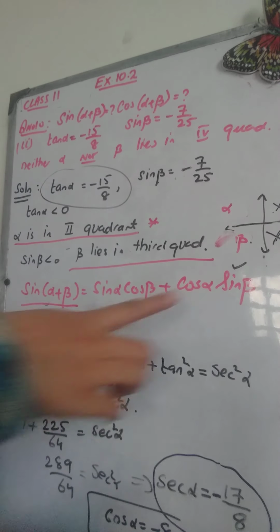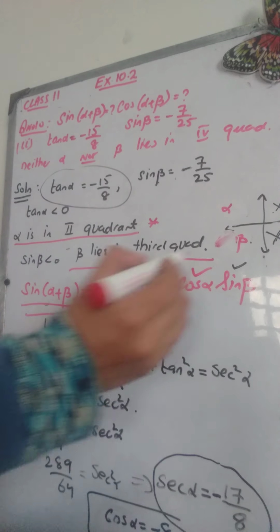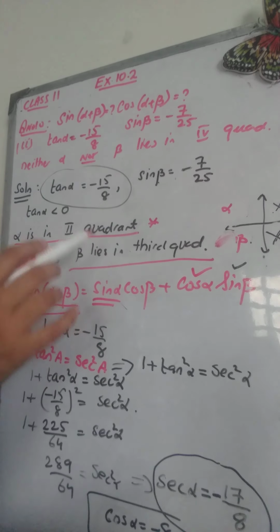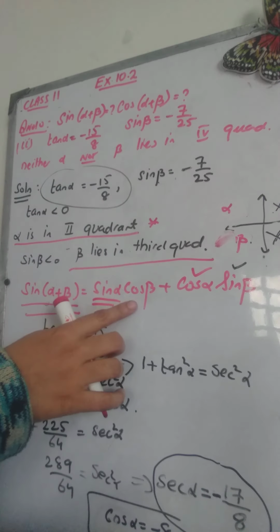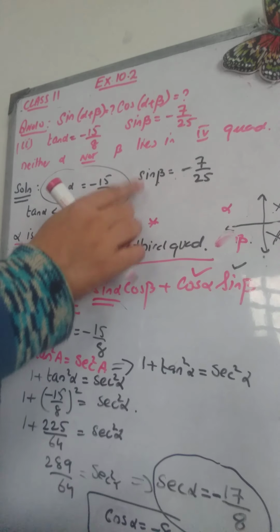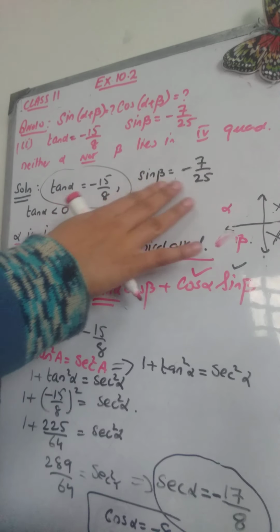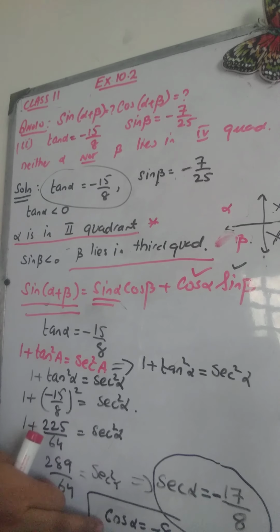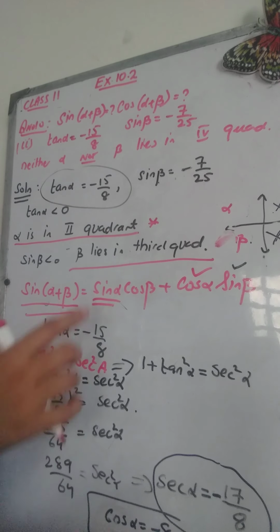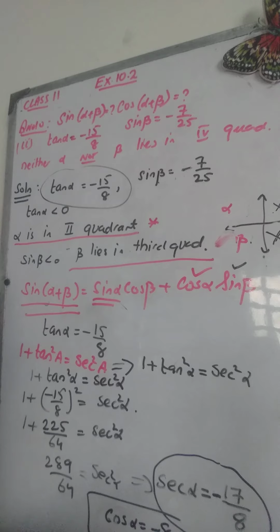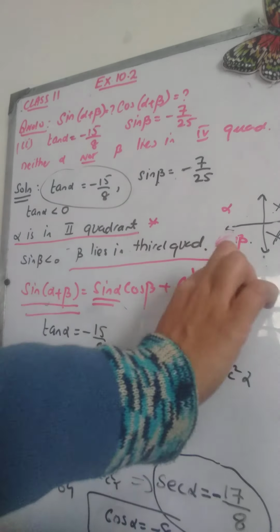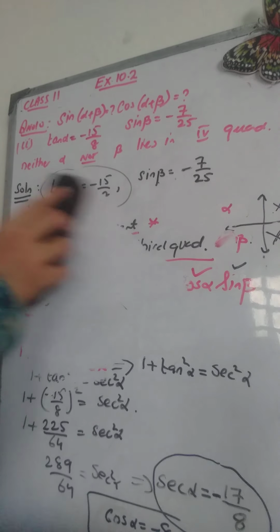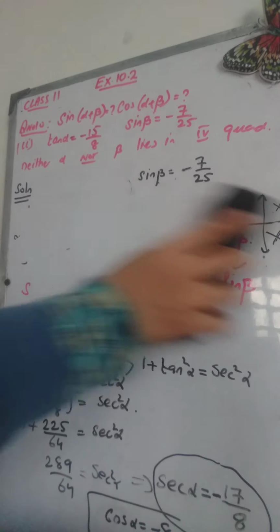We had sin beta, and I have found cos alpha also. With the help of cos alpha we are going to find sin alpha, and there is one more step. We have to find cos beta, since sin beta is given to us in the question. With the help of this I am going to find cos beta, and with the help of cos alpha which we have found, I am going to find sin alpha. Then again I am going to write this identity and put the values of all these quantities.